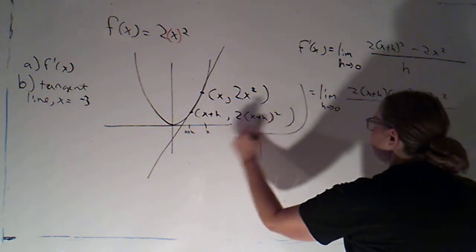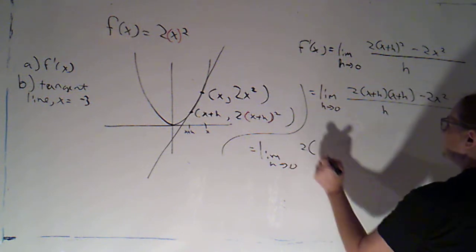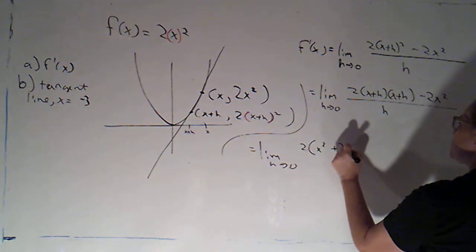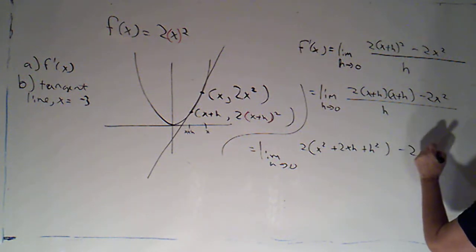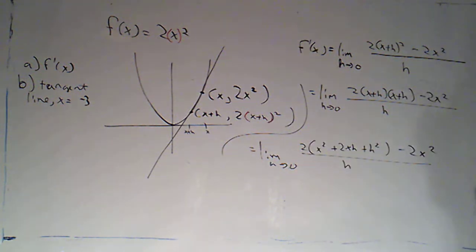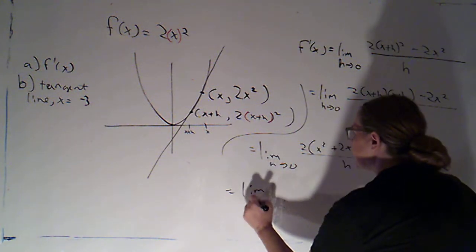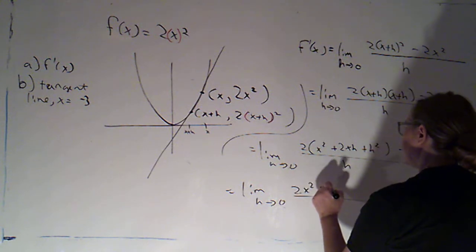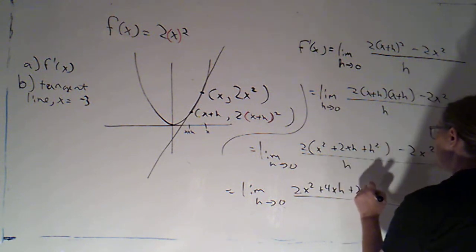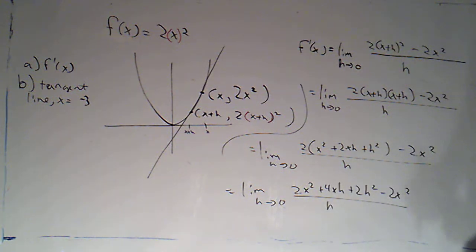So that's going to be the limit as h goes to 0 of 2 times x squared plus 2xh plus h squared minus 2x squared all over h. I'll distribute this 2, so that's the limit as h goes to 0 of 2x squared plus 4xh plus 2h squared minus 2x squared all over h.